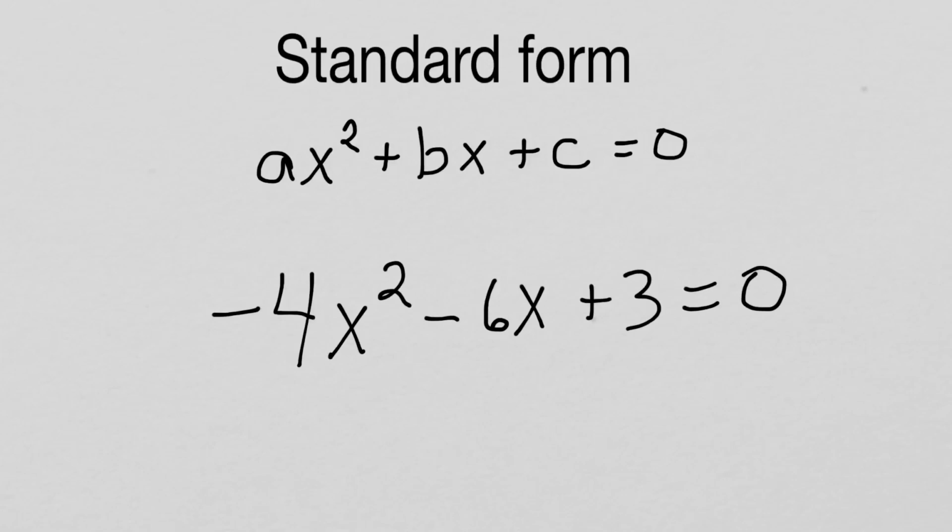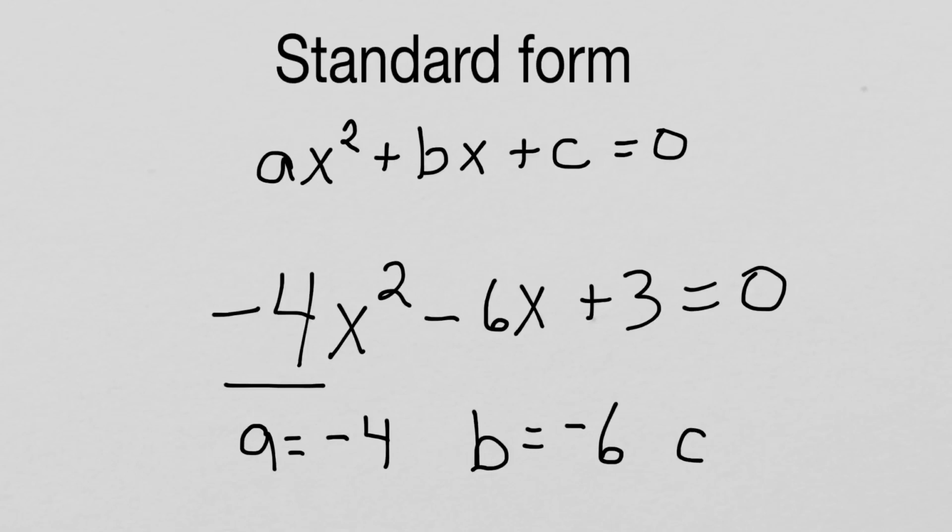It's important that you be able to identify your a's, b's, and c's. A equals negative 4. That's the coefficient in front of the x squared. B equals negative 6. And c equals positive 3.